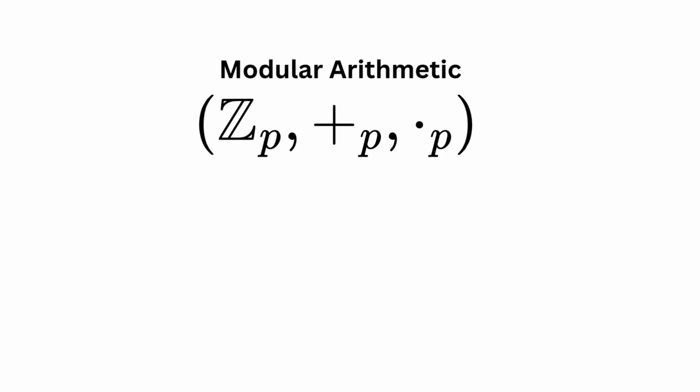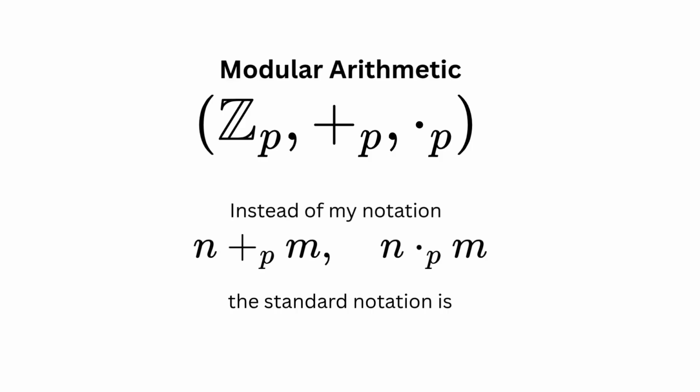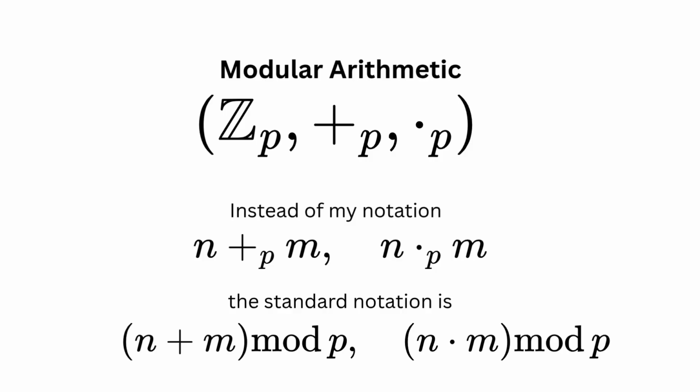In some textbooks, you may see the term modular arithmetic to describe the operations of addition and multiplication in Z_p, so a clear distinction from standard arithmetic is made. Also, instead of my notation, the standard notation is read n plus m modulo p and n times m modulo p, respectively. However, I will keep using the plus and dot notation since it is probably more intuitive for those people who encounter the concept for the first time.